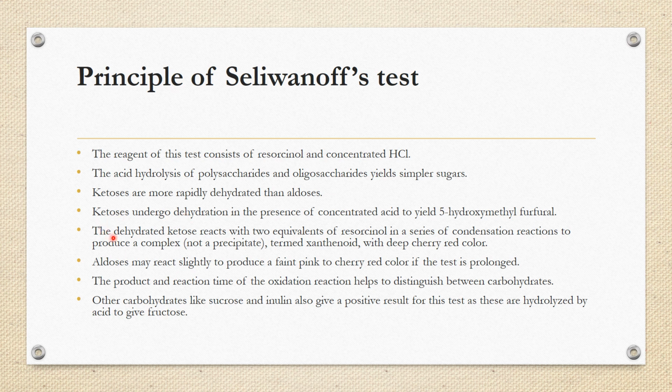So the dehydrated ketose then reacts with two equivalents of resorcinol in a series of condensation reactions to produce a complex, not a precipitate, a complex termed xanthenoid with a deep cherry red color.